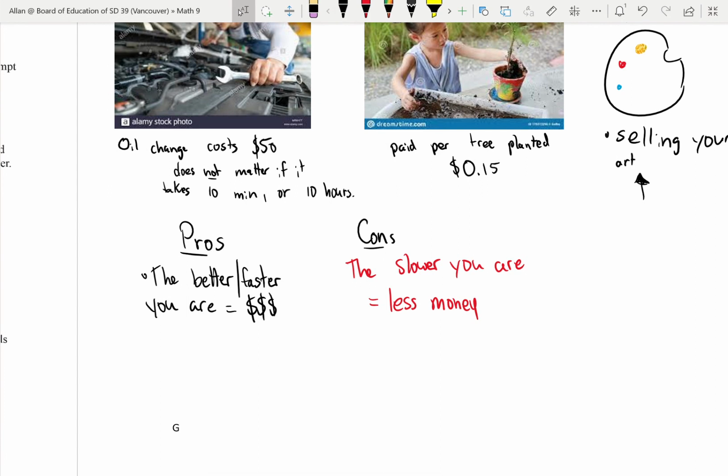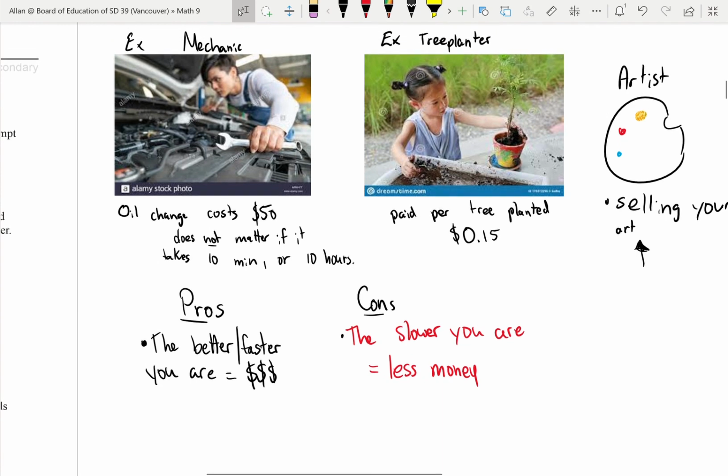Another pro and con of this system, though. So the better and faster you are, the more money you're going to make. The slower you are, you're going to get less money. Try and think of another one. This one's challenging because it's not very common. So what I would say is, this isn't really a con for the person working. This is actually a con for the customer.